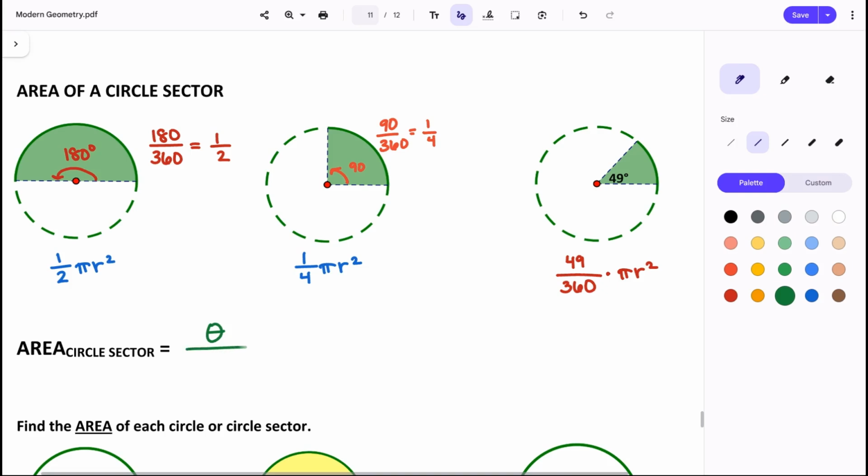And we would divide that by what number? 360. Okay, sometimes it would reduce nicely, sometimes it doesn't. And we continue to take it times what? Pi r squared. So if you're not dealing with a full circle and you're just dealing with a partial piece, you're going to take that angle of your sector divided by 360 times pi r squared.